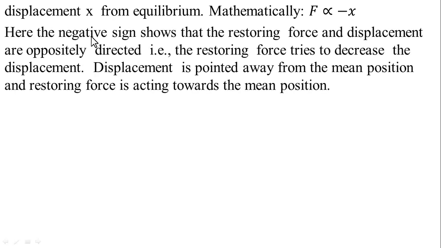Here the negative sign shows the restoring force and displacement are oppositely directed. So the restoring force tries to decrease the displacement; the displacement points away from the mean position and the restoring force acts toward the mean position.